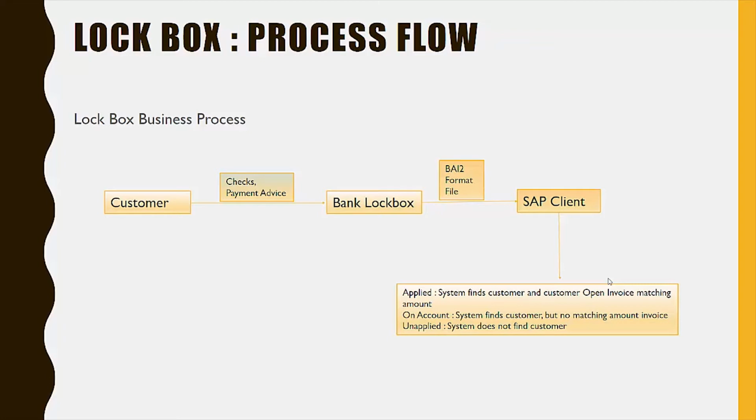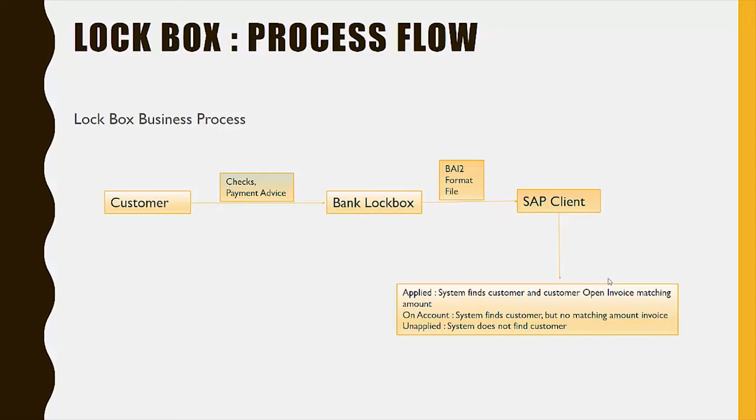This file has the customer name, check number, and the amount of the check, and some other details like the customer invoice for which the payment has been made. This electronic file, which is a BAI2 file structure, is sent electronically by the bank to the company. The company's SAP system receives this file and automatically posts it in the system.